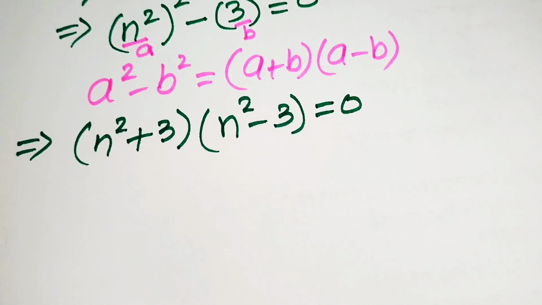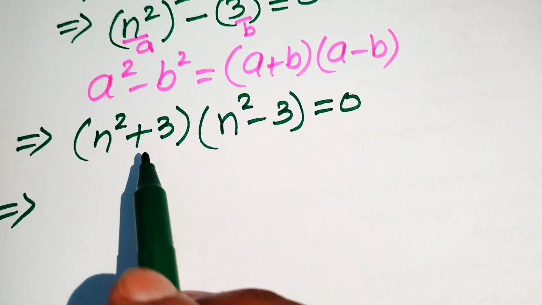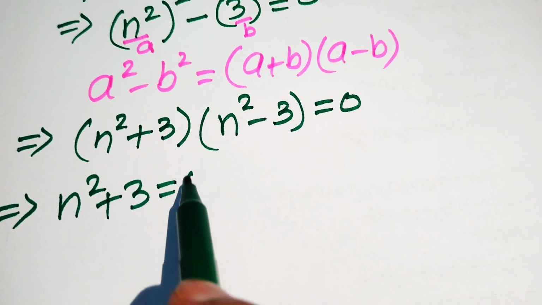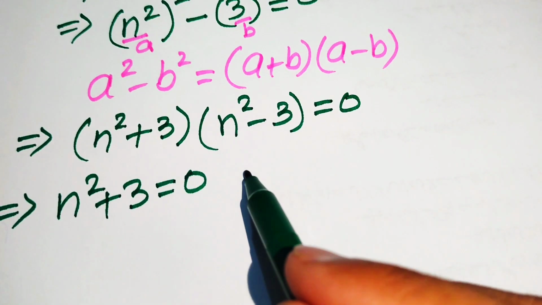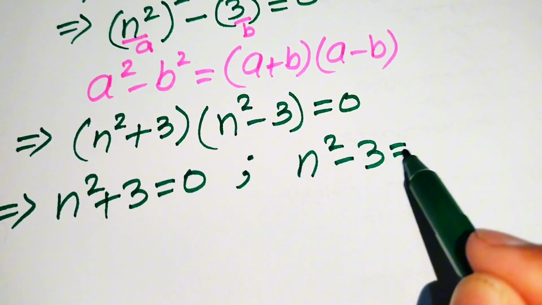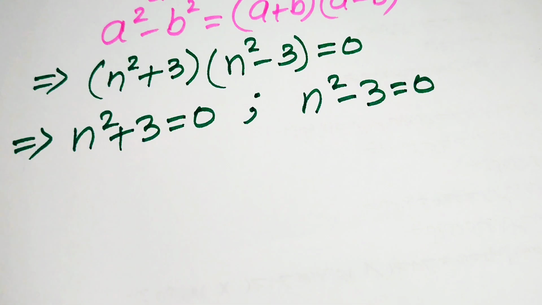Now in the next step we have two cases. The first case is we write the first factor equals 0: n square plus 3 equals 0, and in the second case we put n square minus 3 equals 0.